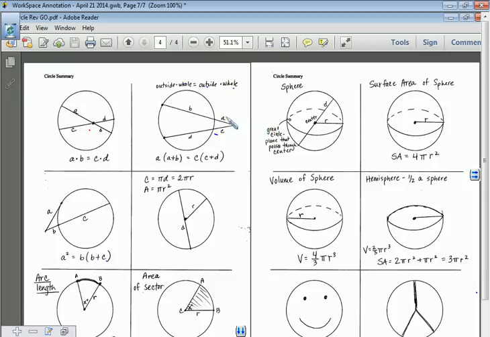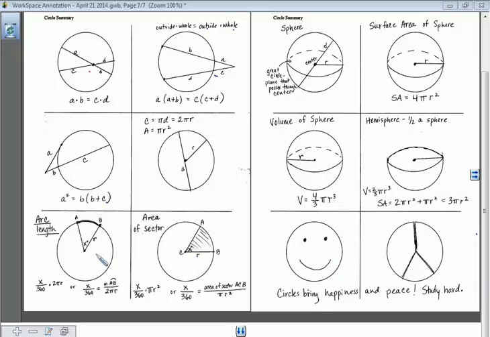And on this one, the outside times the whole, A times A plus B, has to equal the outside times the whole, C times C plus D. The outside times the whole, well, they're the same. A times A is A squared, is equal to the outside times the whole, B times B plus C.